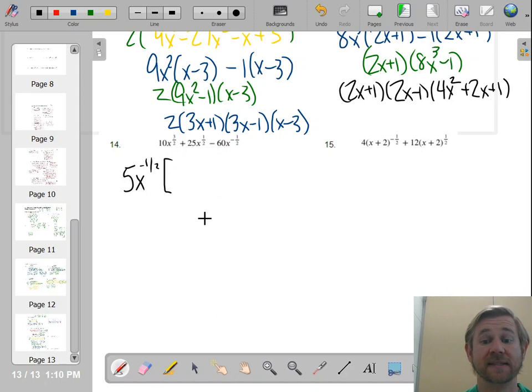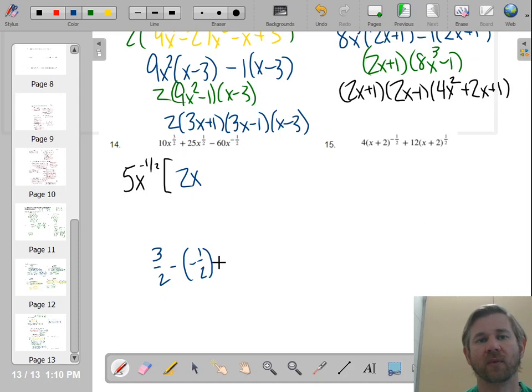That is my GCF. So 5 times what gives you 10? 2. And then this is where you got to be careful. It's 3 halves minus negative 1/2, which is the same as 3 halves plus 1/2, which is 4 halves, which is 2. This is going to be x squared because you're using the exponent rules.